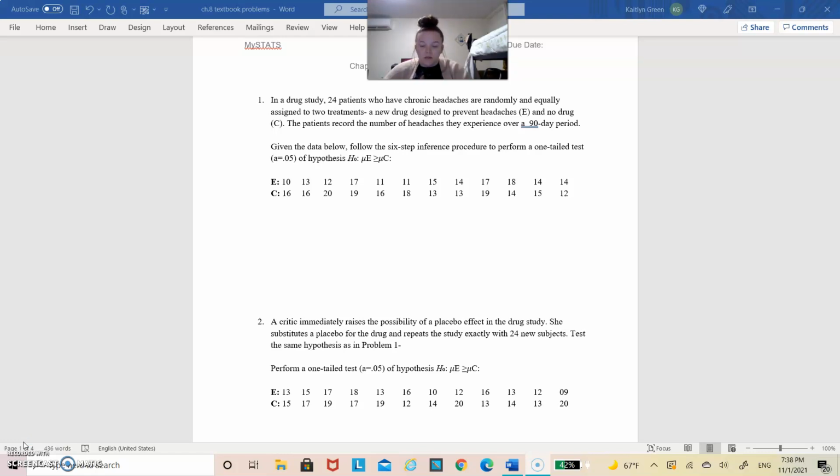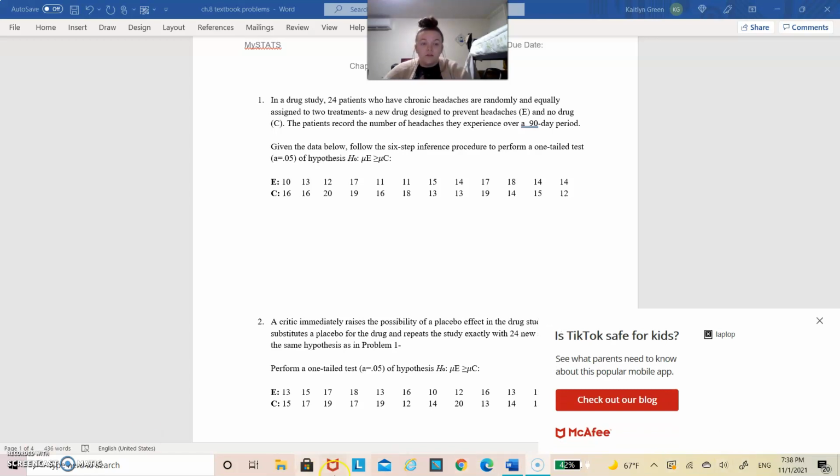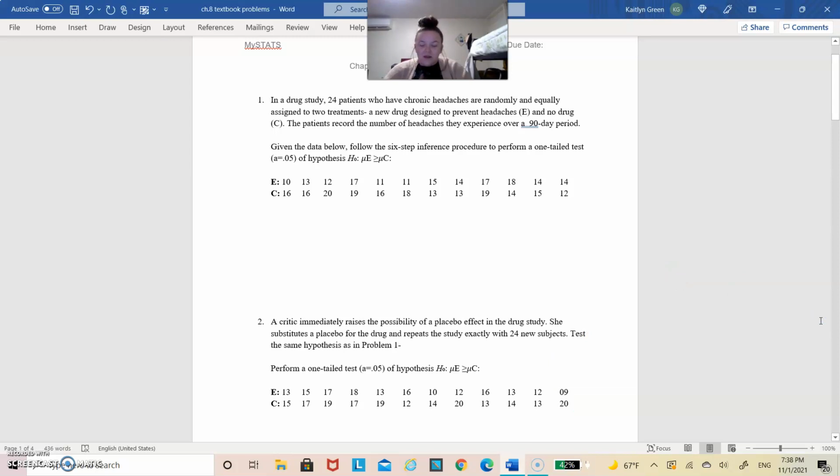So the calculated mean for group E is 13.83. And the control group had a mean of 15.91. I found the standard deviation as well. For E it was 2.588 and for C it was 2.644.